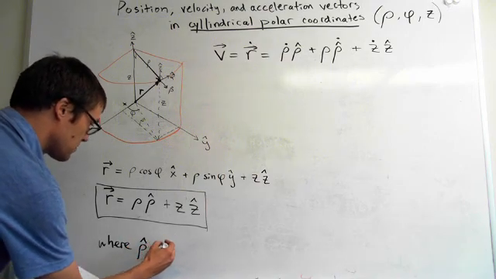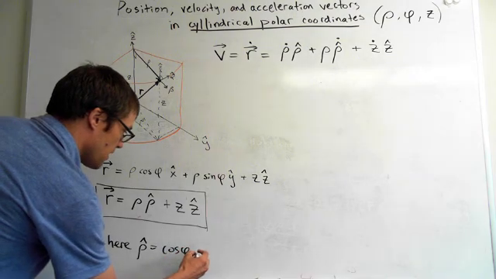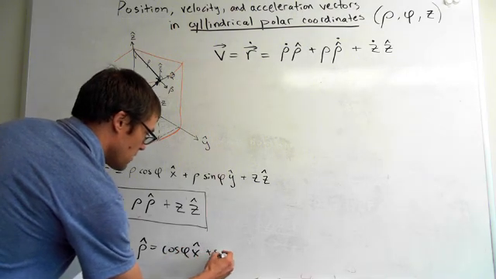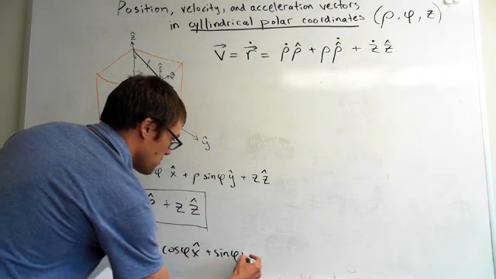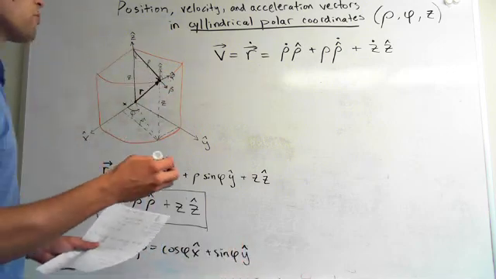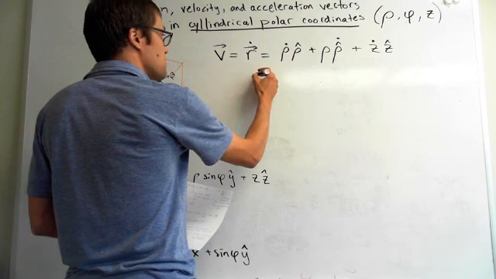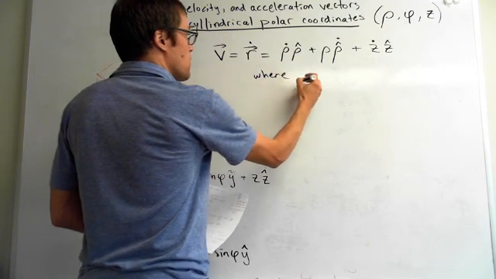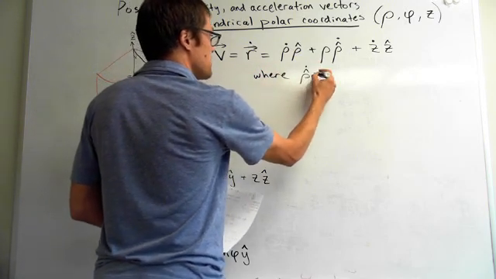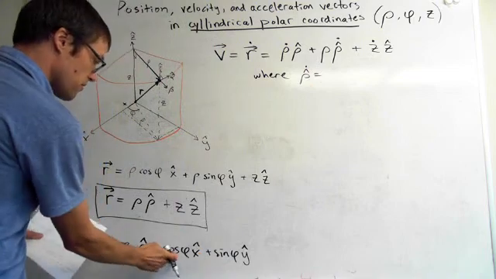So rho hat was cosine phi x hat plus sine phi y hat. Therefore, rho hat dot is equal to one time derivative of that.